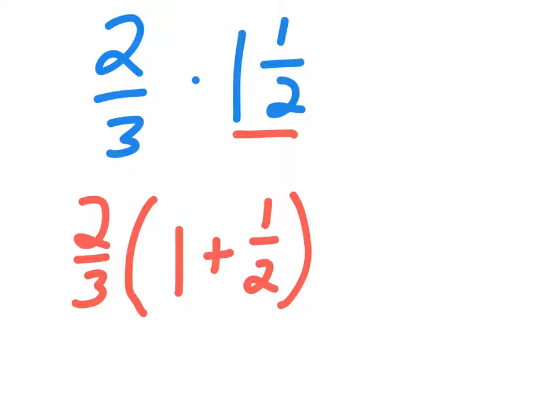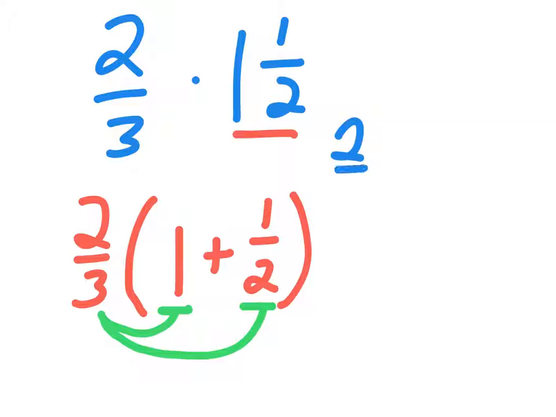Now what we're going to do is distribute the 2/3 times the 1, and distribute the 2/3 times the 1/2. So up here, let's do 2/3 times 1. Multiply your numerator and your whole number, and 2 times 1 is 2. Write it under the same denominator, and you get 2/3.